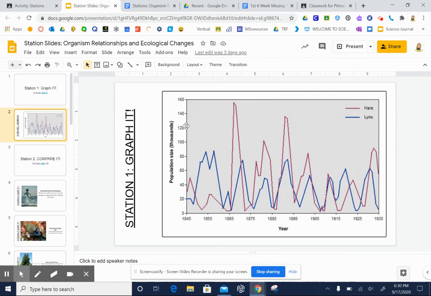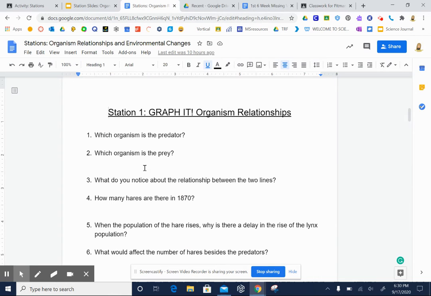Okay, and it's just this predator and prey graph. It talks about a lynx and a hare. A lynx is like a bobcat, a hare is like a rabbit, just so you don't get them confused. Okay, so you need to just read the graph and answer the questions in your paper.